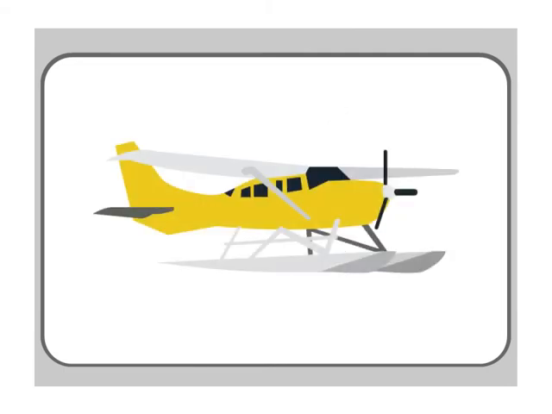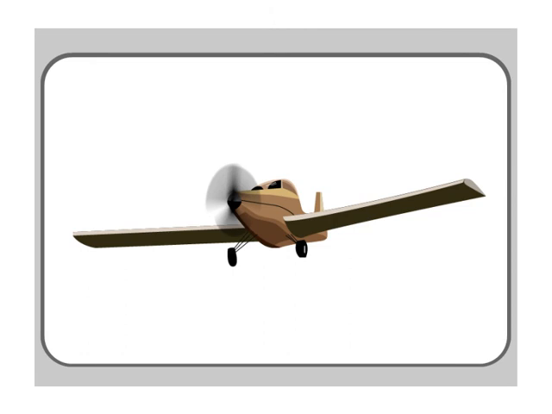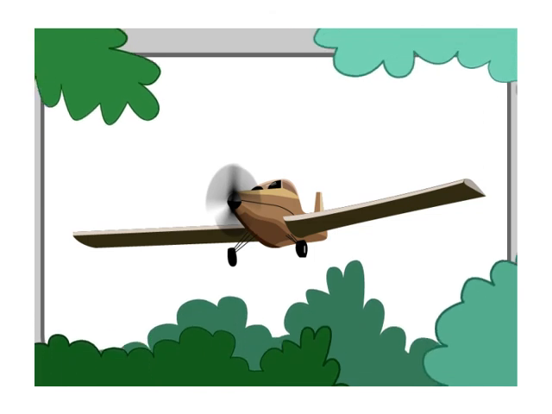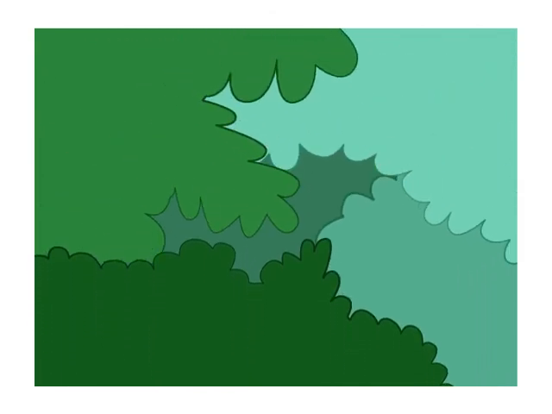Most seaplanes have floats instead of wheels that allow them to stay on the water. Special purpose planes are planes that have special purposes, such as performing tricks in shows, spraying chemicals on crops, or carrying water to put out forest fires.